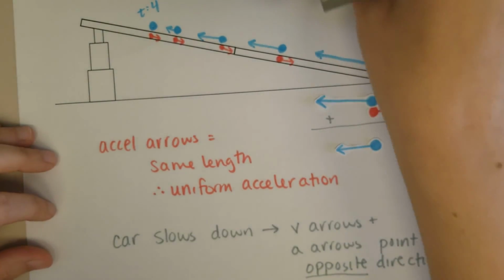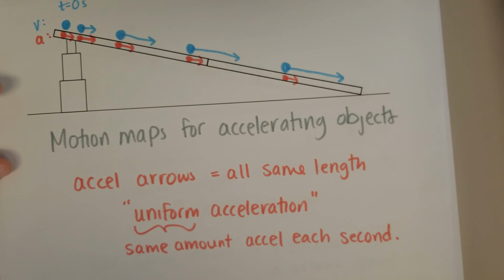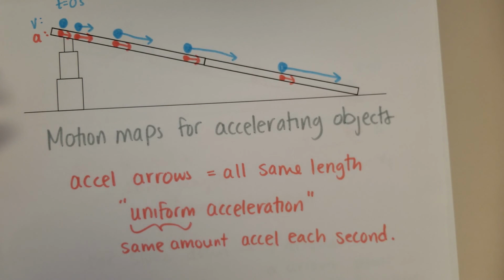And you'll notice if we come back to the very first one that we had done, in this first one, the arrows pointed in the same way, and that meant the car sped up. So that's a really important detail that we're going to reiterate through some lab experiments this unit as well.